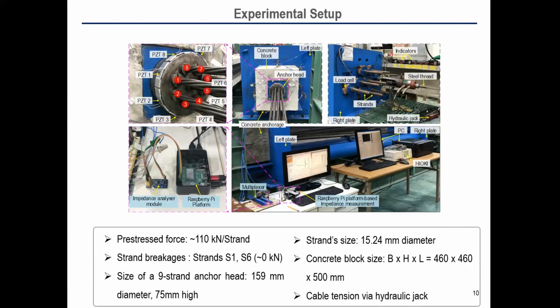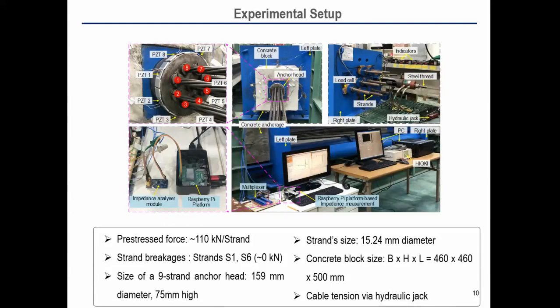This slide shows the experimental setup of prestressed concrete strand breakage monitoring. To simulate the intact case, 9 strands were tensioned to 11 turns in the anchorage. The PZT sensors were glued on the anchor. To simulate damage, strands 1 and 6 were released to 0 turns.